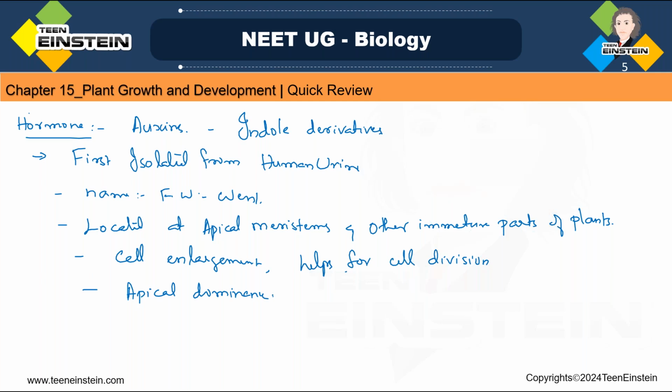The presence of this hormone at the apical side inhibits the lateral buds from growing, creating a situation for the inhibition of lateral bud formation.